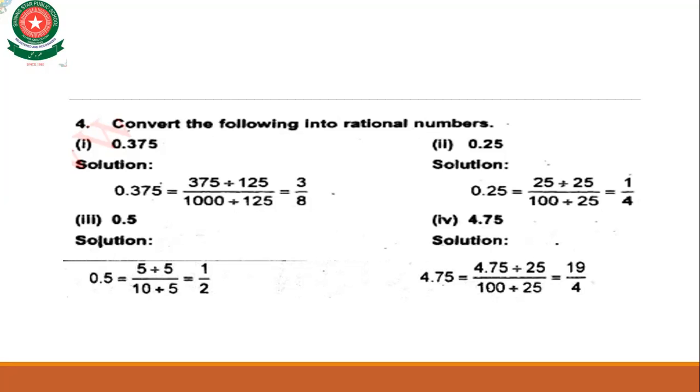So we will divide 25 with both numerator and denominator. And after dividing the equation, the answer will be 19 by 4. So 4.75 is equal to 19 by 4.